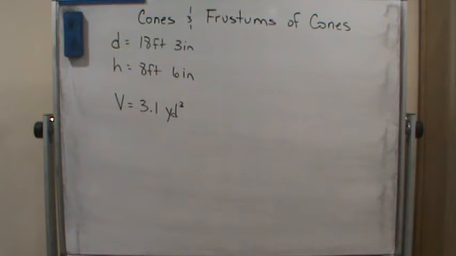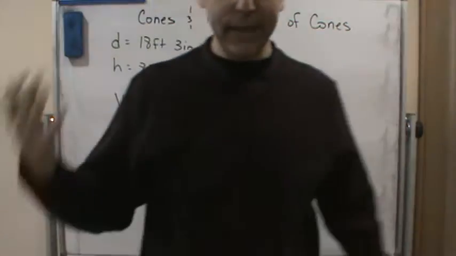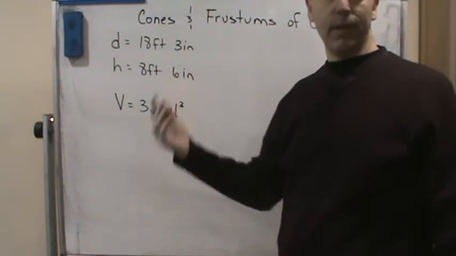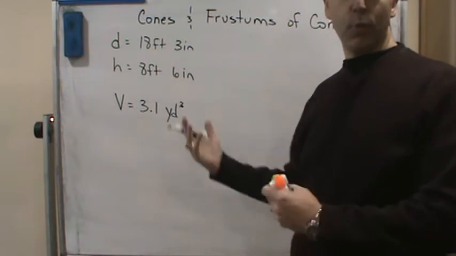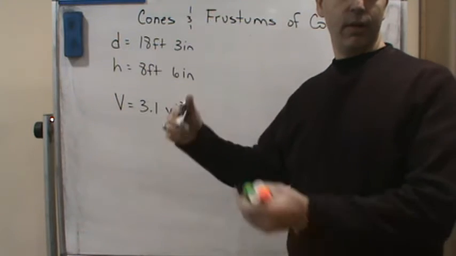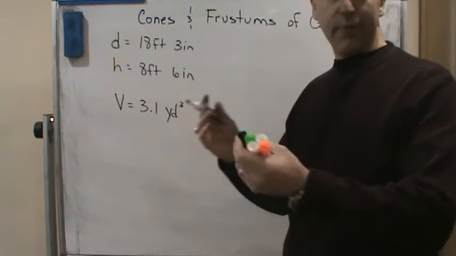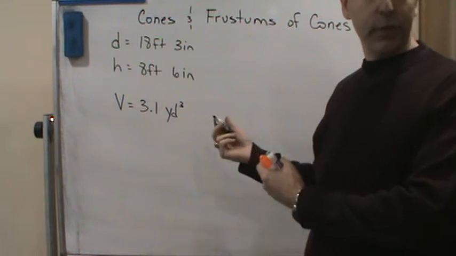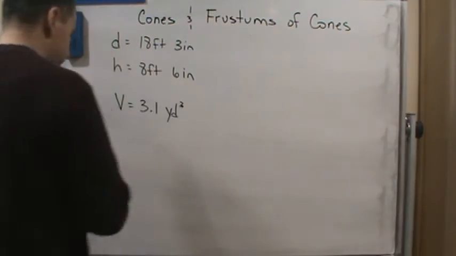Suppose you wish to know the number of truckloads it will take to transport the sand. So how many times are we going to have to fill up this dump truck to transport the sand from the yard to where it's going to be dumped?